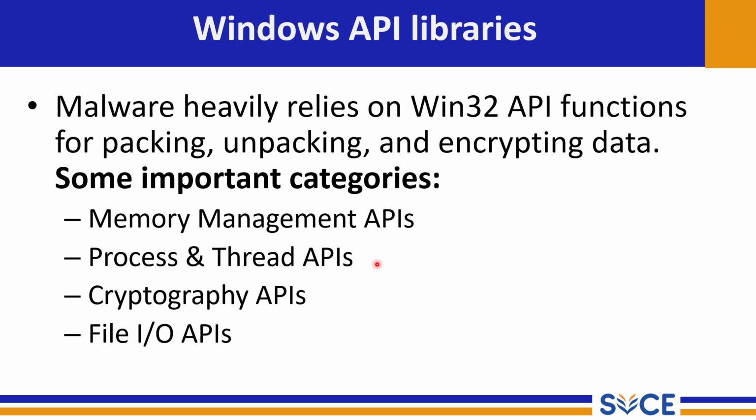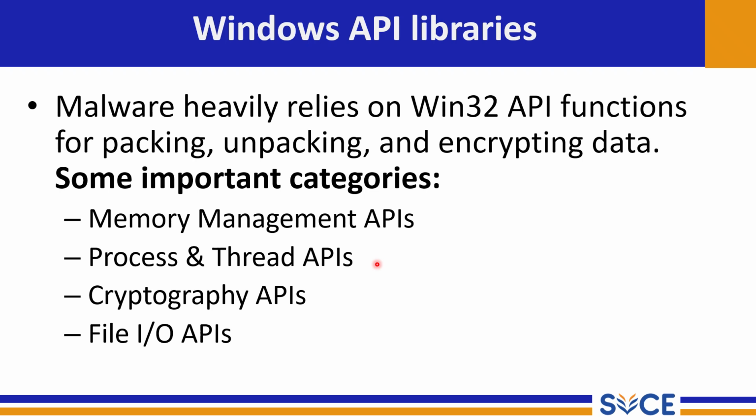And next, in this process and thread API, CreateThread or CreateRemoteThread executes the malicious code inside the current or a remote process, and also SuspendThread or ResumeThread manipulates the legitimate processes for injection. Malware injects into a trusted process like explorer.exe to hide the execution.